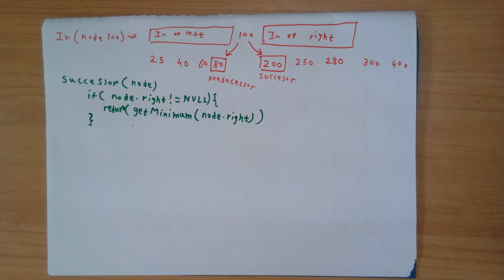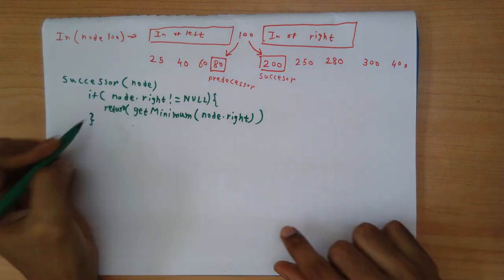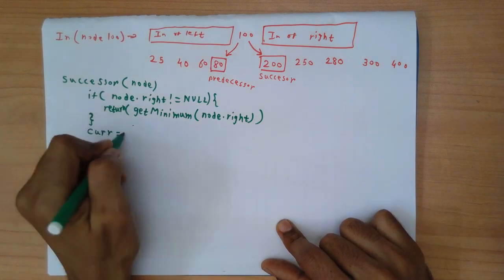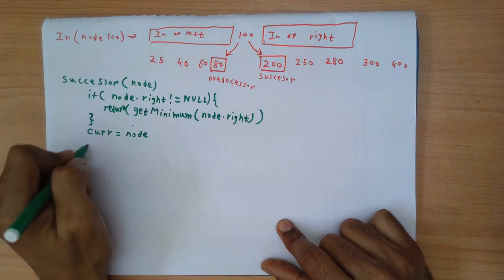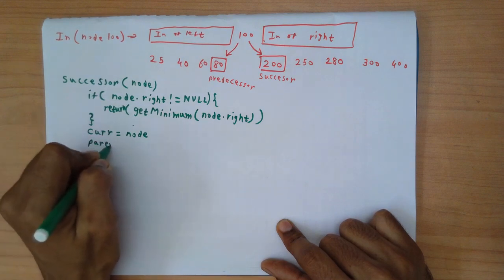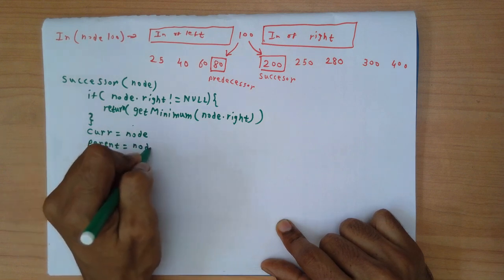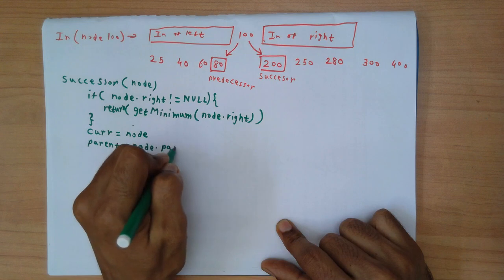The first thing we should do is say that we know this node, so we'll call it the current node. Let's say current is equal to node, and parent is equal to node.parent.